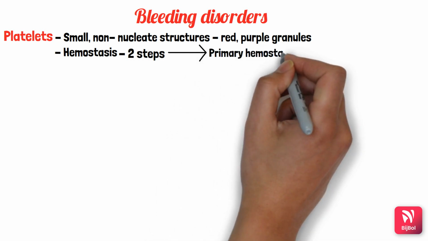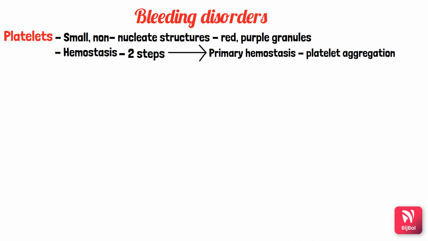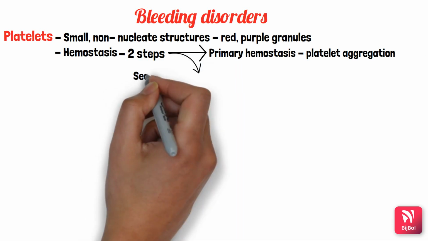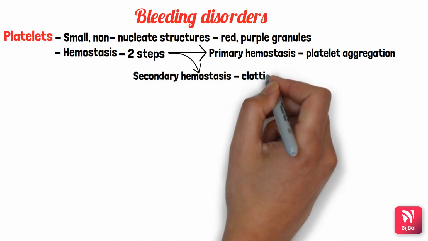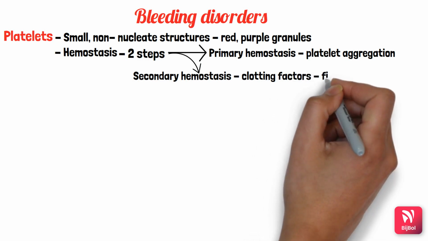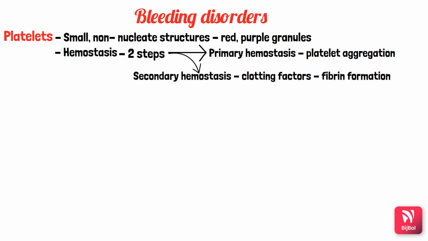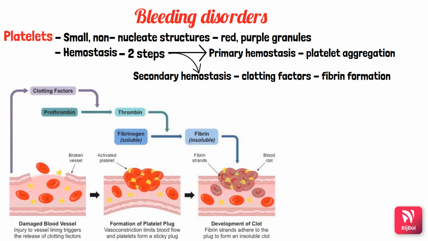Under primary hemostasis, first all the platelets come and aggregate at the site of the injury, restricting the blood from oozing out. This is followed by secondary hemostasis, wherein the clotting factors present in the plasma get activated, resulting in fibrin formation, and this fibrin will come and wind around these platelets, resulting in a clot.